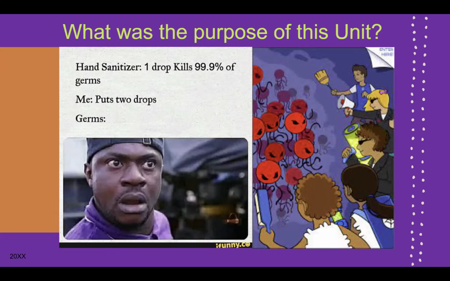How do we control them in our day-to-day lives? How do we control them in medical settings? How do we control them in other applications, either to prevent us from getting sick or what do we do after we're sick? Really the whole purpose of this unit is to be able to differentiate different types of microbes and then figure out how we're going to kill them or combat against them or defend ourselves from them.